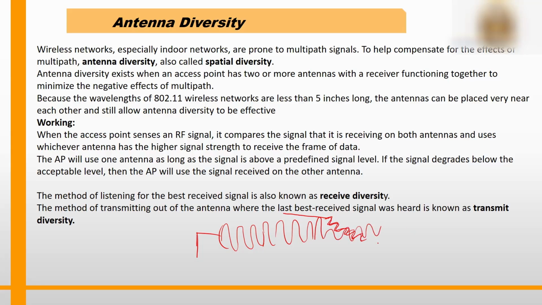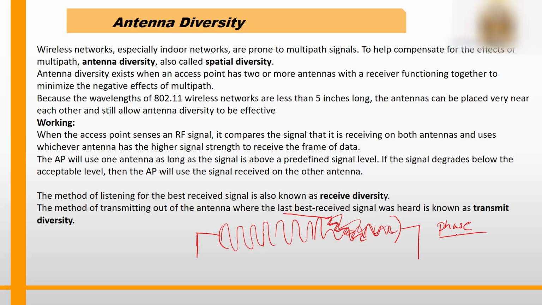Now that signal and this one are going to arrive at the receiver end. When they arrive, both have the same information, but there is a phase difference. So why is the phase difference there?